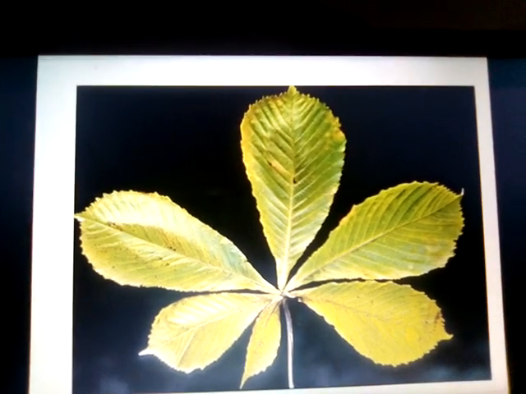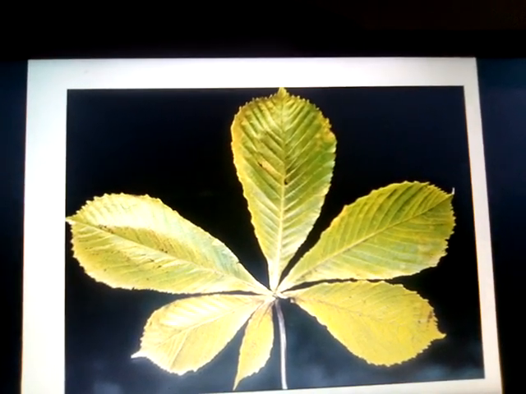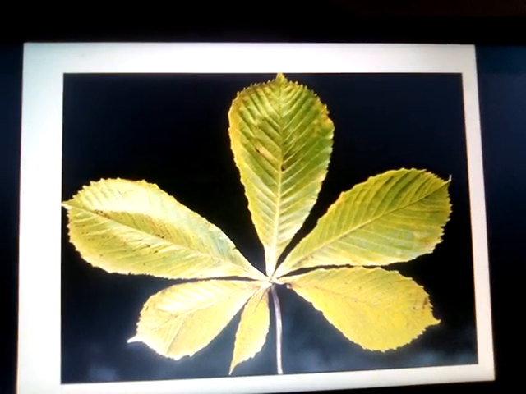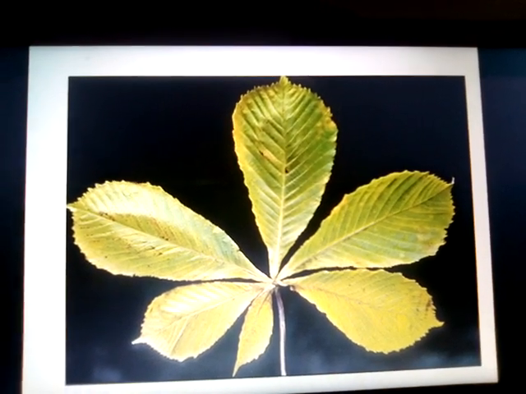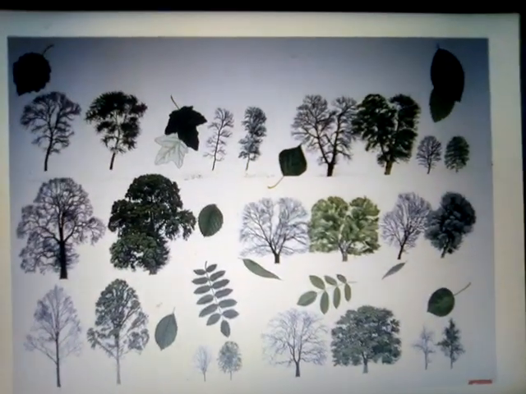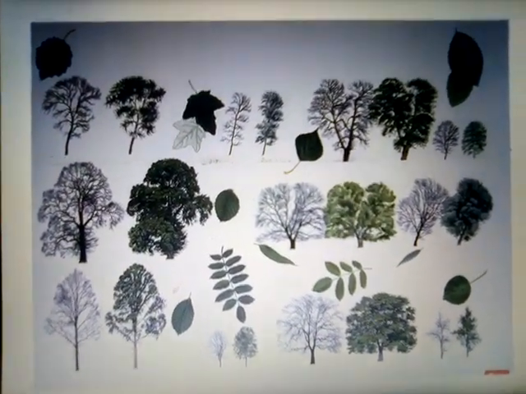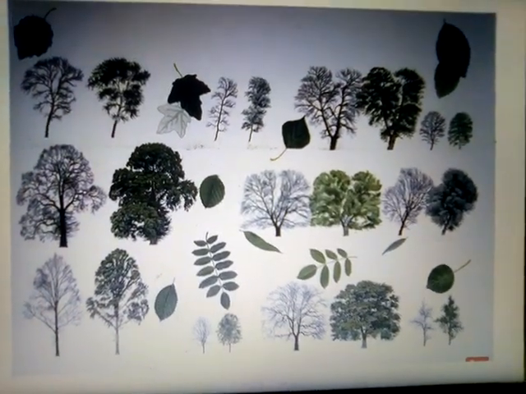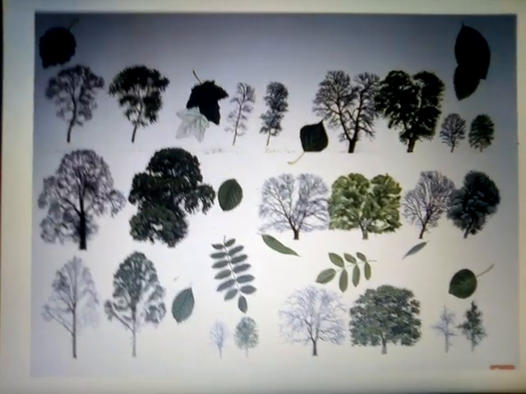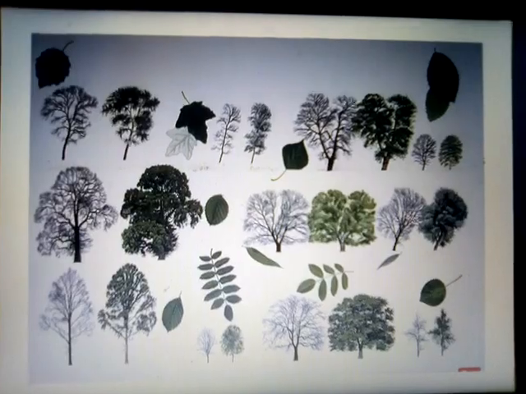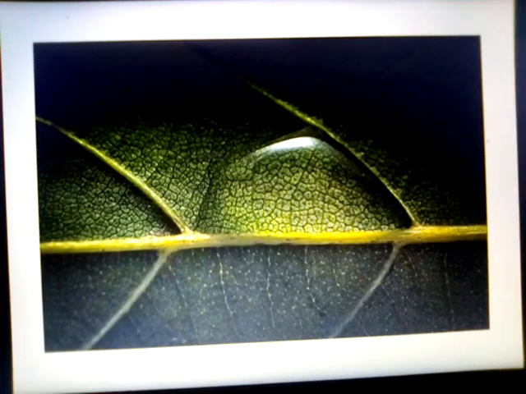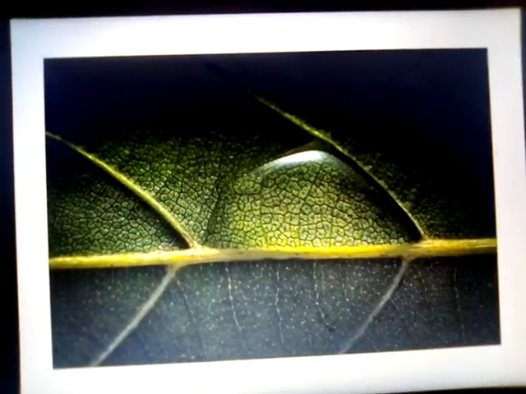Leaves of different shapes and sizes with different types of margins, which could be lobed like this one here. Collect a variety, as many as possible, and display them according to types of apices, types of bases, types of margins. You could decide to show or expose any features of a leaf.